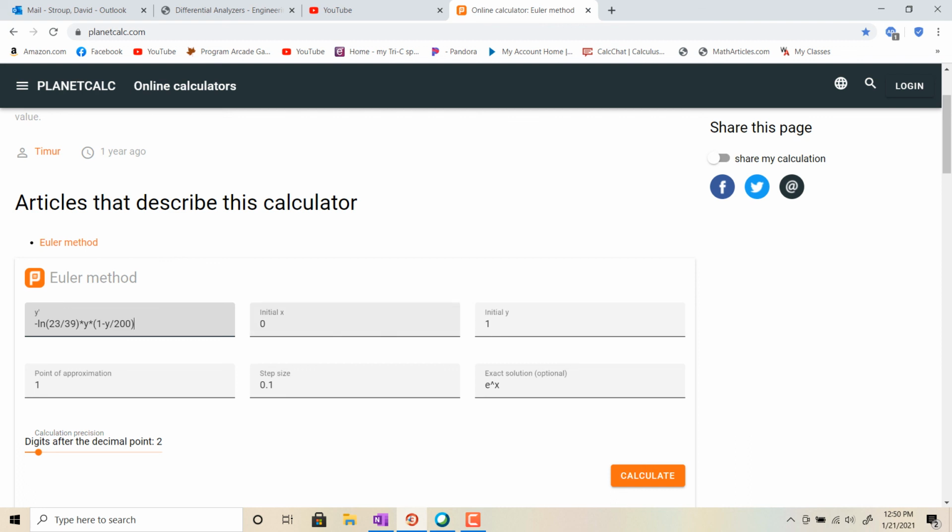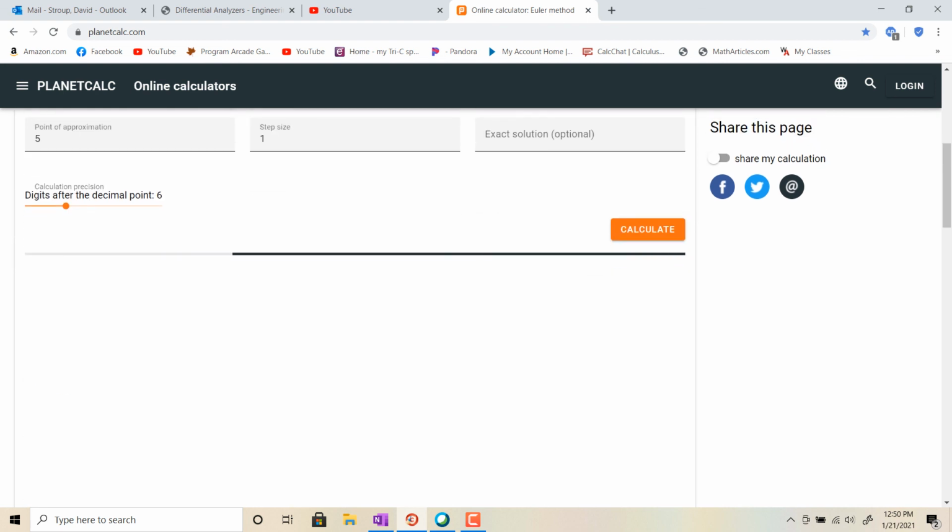The initial x value is 0, of course. The initial y, we said there were 25 zombies. Yeah, 25. We want to know how many zombies after 5 days. The step size we want to be 1. And we're not going to type in the exact solution. Let's not bother. Oh, we could get extra decimal points if you want. Okay, that's cool.